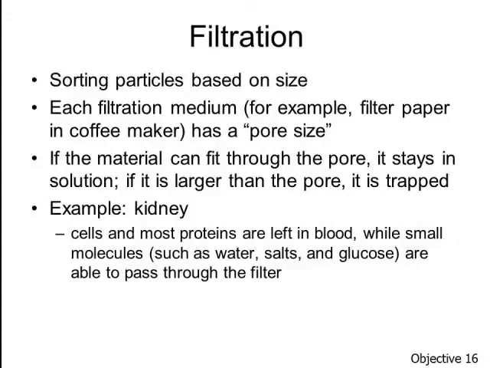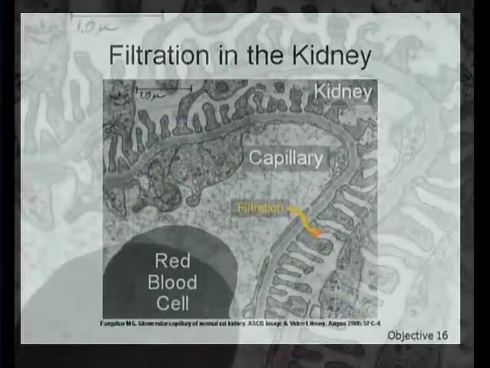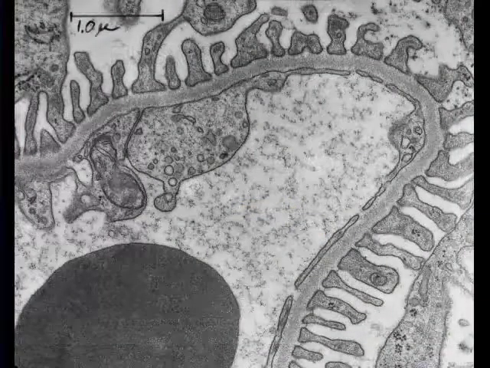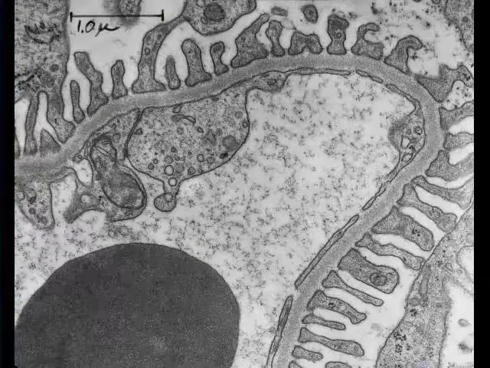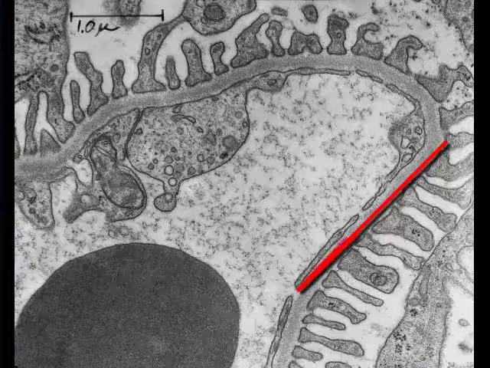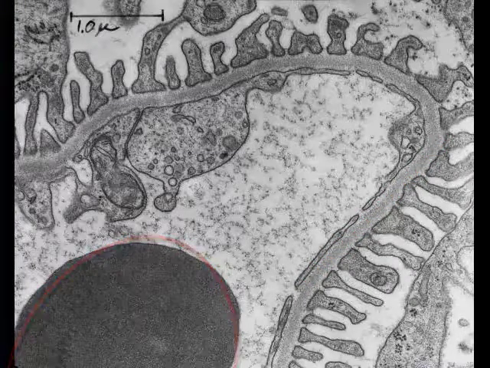Here you can see an electron micrograph of a kidney. This is actually a rat kidney, but it has a similar structure, where here's my filtration barrier on this side. Here's my red blood cells, so I know this is the blood side. That barrier doesn't allow red cells through, and that's good because we don't like red cells leaving through our urine.